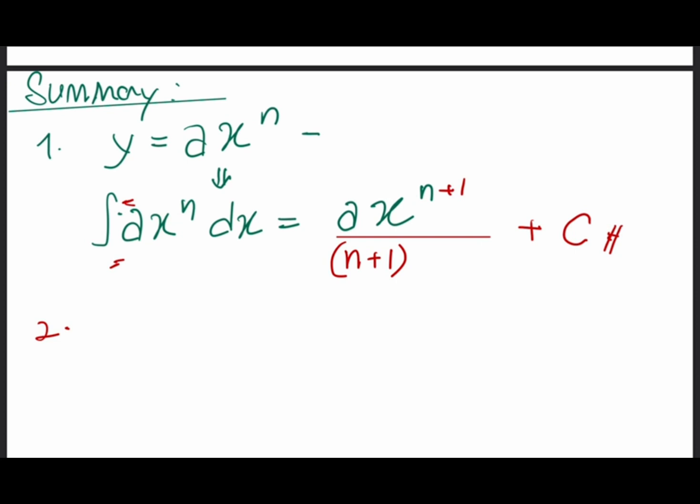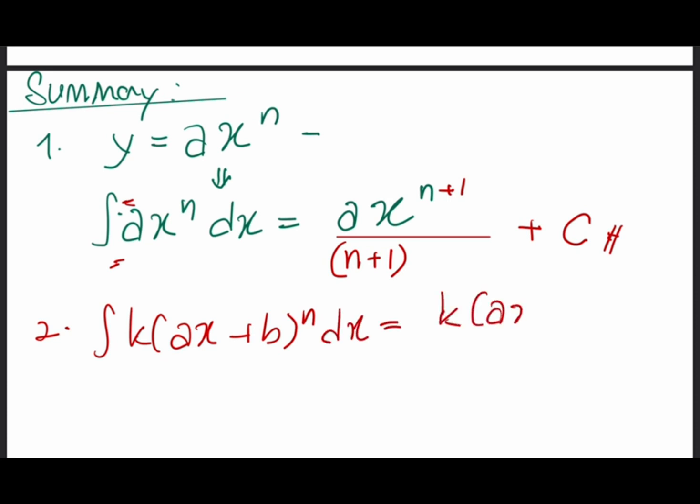And second, if we have to integrate k, where k is a constant, times ax plus b to the power of n dx, you can copy back the constant and ax plus b. What's inside the bracket you copy back, and the power is increased by 1. We will divide by the new power, the same thing.